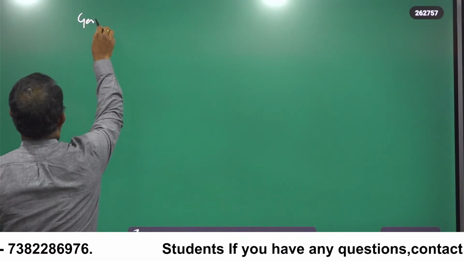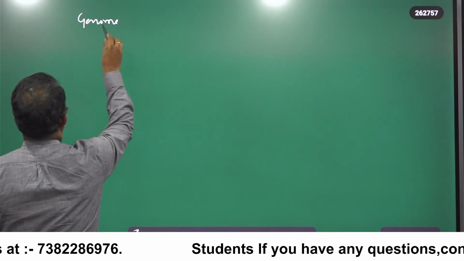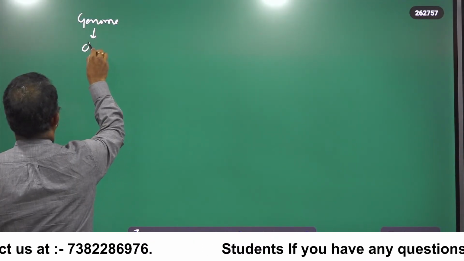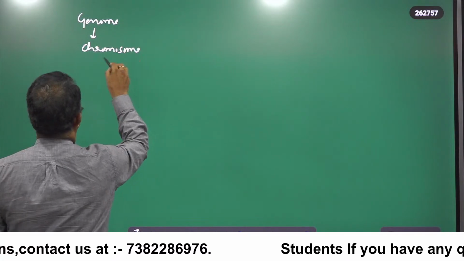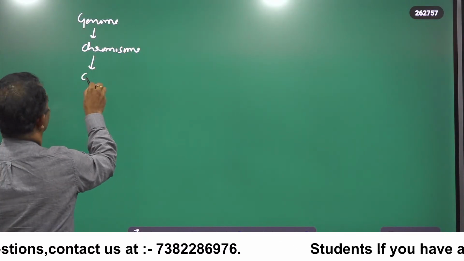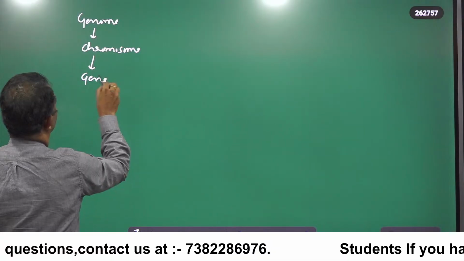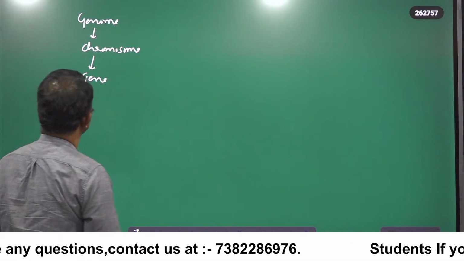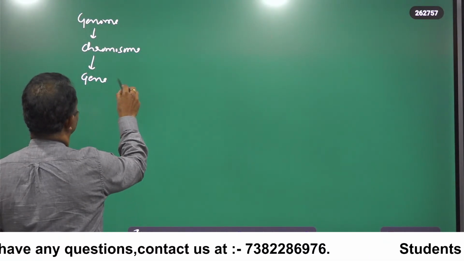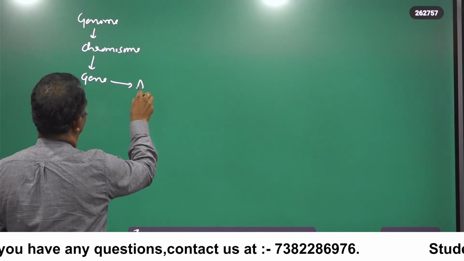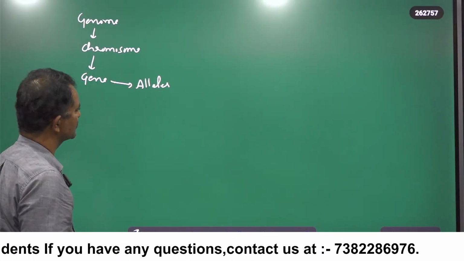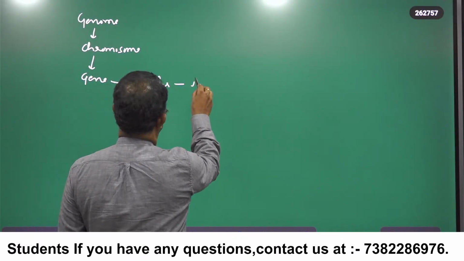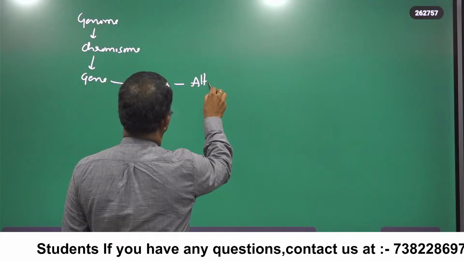Genome, chromosome, gene. Each gene has two alleles. What are alleles? Alleles are nothing but alternative forms of a gene.